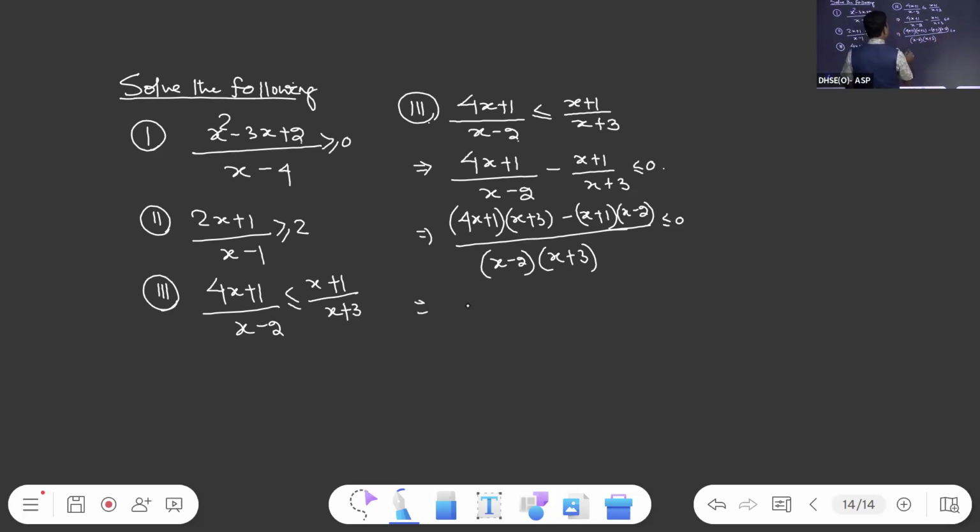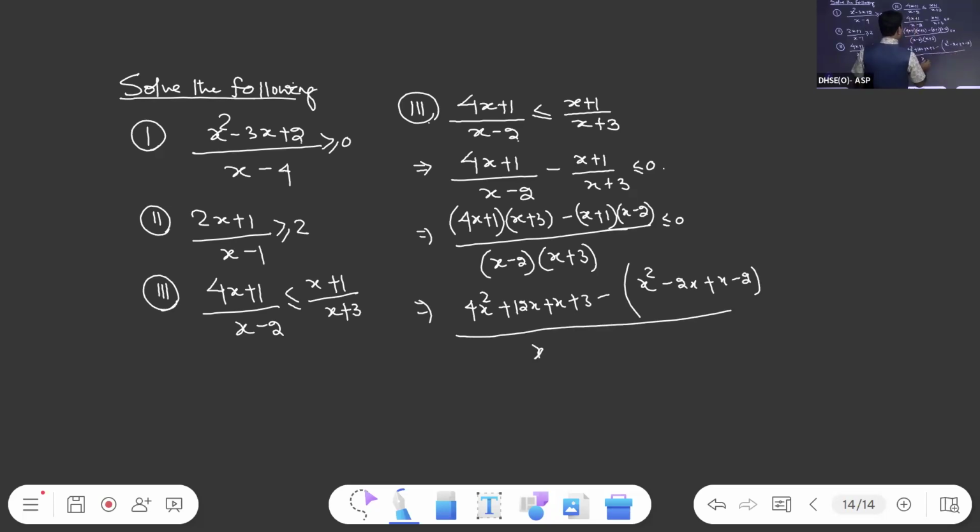This implies 4x square plus 12x plus x plus 3 minus x square minus 2x plus x minus 2 upon x minus 2 into x plus 3 less or equal to 0.